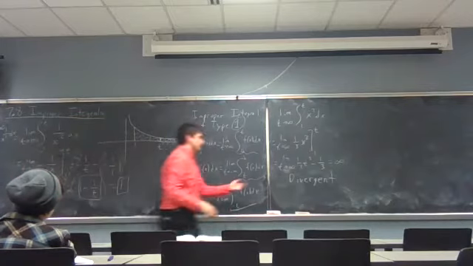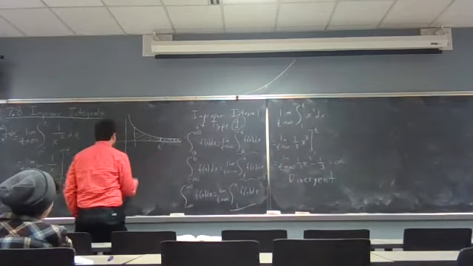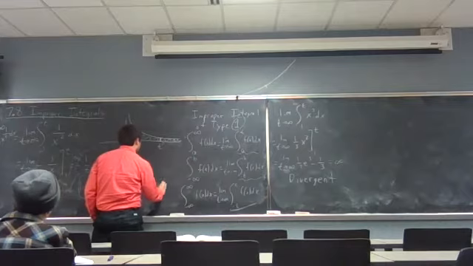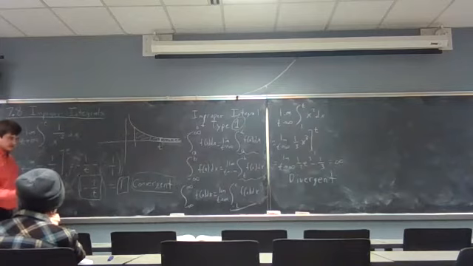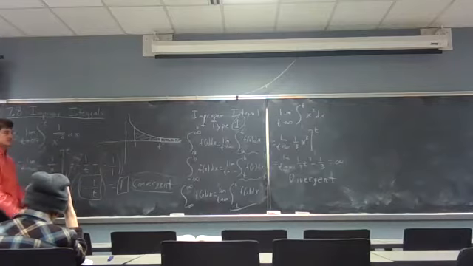By contrast, since we found a value for this one over here, this integral is going to be called convergent. So basically, if the value exists and is not infinity, then it's convergent. And if the value is infinity or it doesn't exist, then it's divergent.